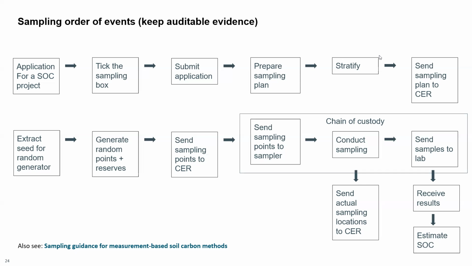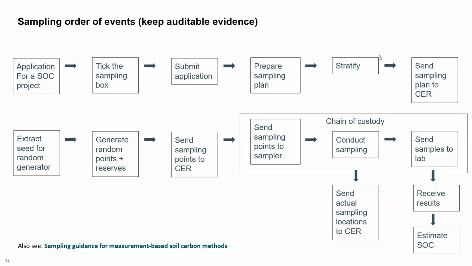The purpose of that is obviously to avoid that you sample and then substitute samples for much better ones, and that's what you use for results. So you need to be able to prove that they are the same samples that went from when the sampler took them to the lab.